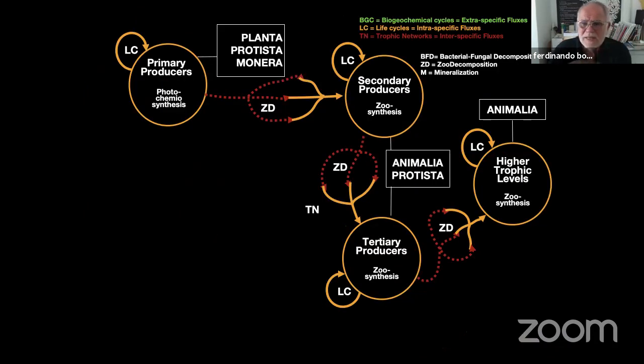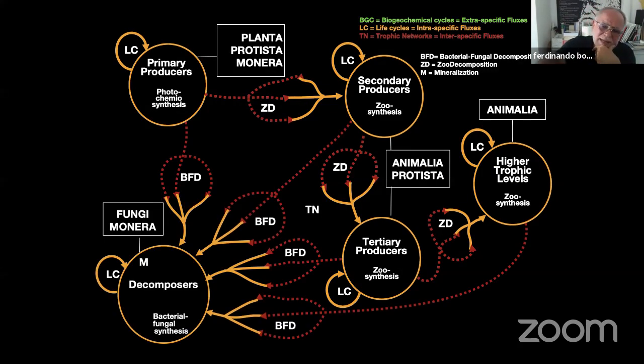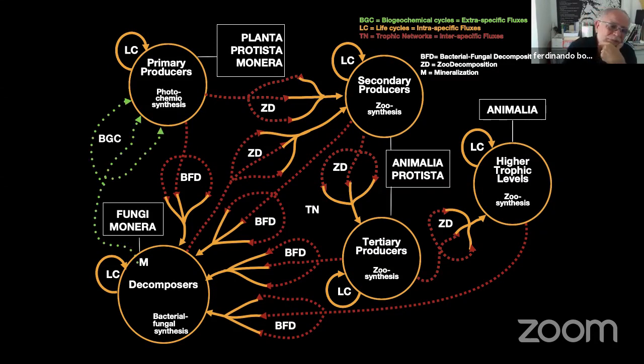And the system is even more complex than this. Here you have what I just showed, but then all these guys die, not only the animals, and they go to decomposers. There are animals that eat the decomposers, so the secondary producers, and the decomposers give rise to biogeochemical cycles that allow the primary producers to give life back to matter.